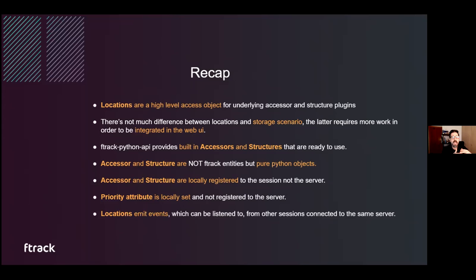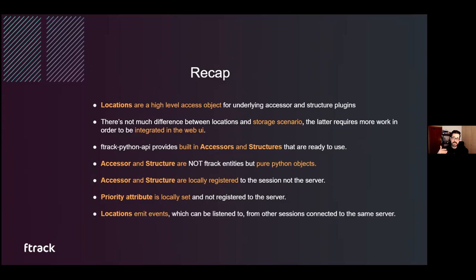In the Ftrack Python API, we provide built-in accessors and structures, which are ready to use, as much as locations, which are ready to use if you need them. Accessors and structures are locally registered to the session, not to the server entity. Same goes for priority. Priority is only valid for your local location.